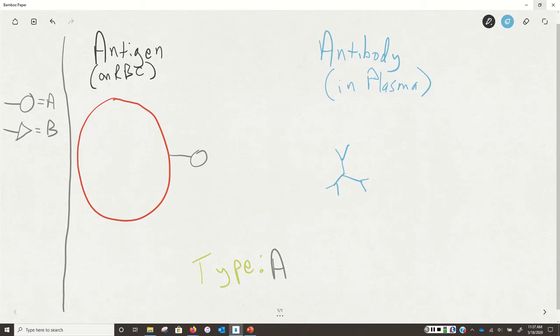So antibodies are shaped to fit whatever it is that they're looking for. Remember, the anti-B antibody over here is a triangle. So these little receptors on the ends of the antibody branches are going to be shaped like a triangle.